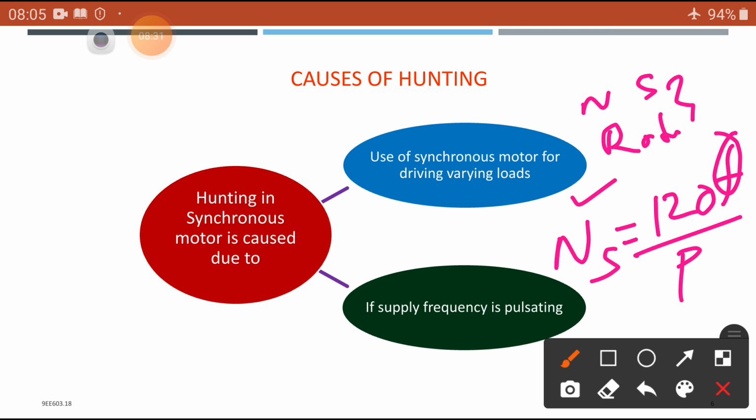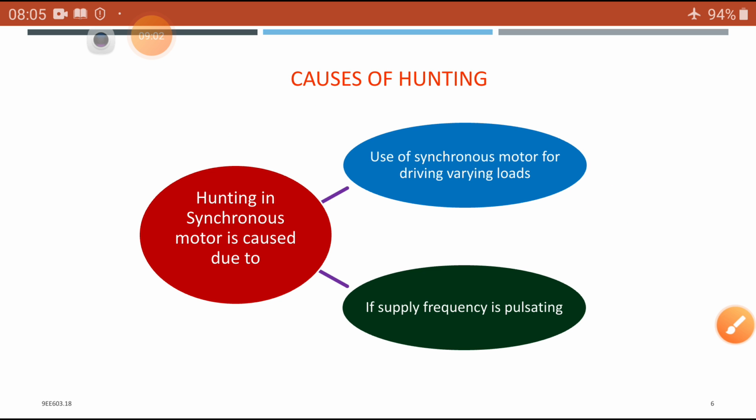Both are good friends running at one speed. If the frequency suddenly changes, the rotating magnetic field tries to move based on the frequency, but due to large inertia, the rotor is unable to cope up. So there is a possibility that its load angle alpha changes. This may create hunting.